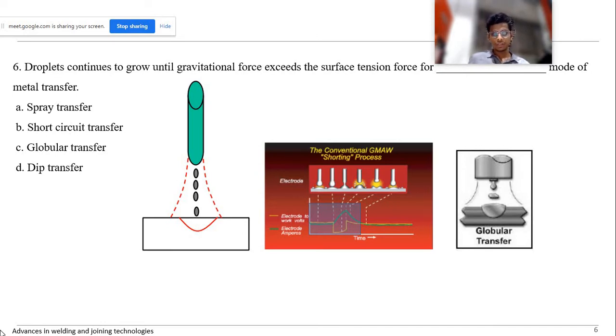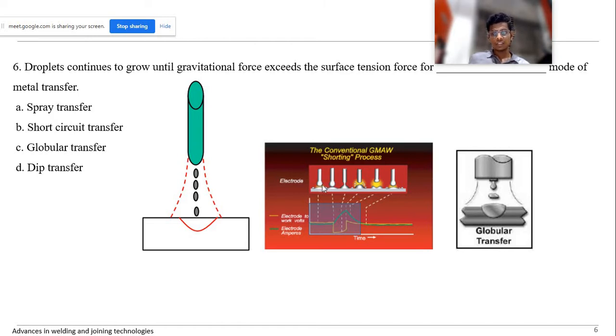And in short circuiting transfer, what happens? There, the gap between the electrode and the base plate will be less. Also, the current is less compared to all these processes. Once the arc is generated, heat is generated and a molten droplet forms.